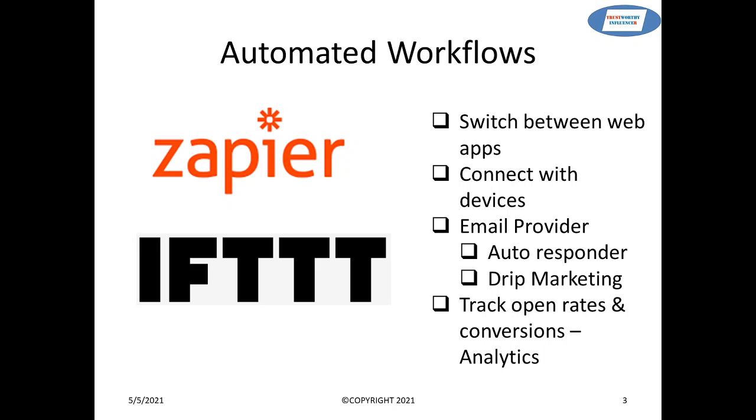So you would need to connect with multiple devices and multiple applications, and hence you would need automated workflow tools, which Zapier and IFTTT offer. You also would need to track the performance of all these efforts that you take to reach out to your targeted customers. So automated workflow tools are one such critical tool which you need to have.